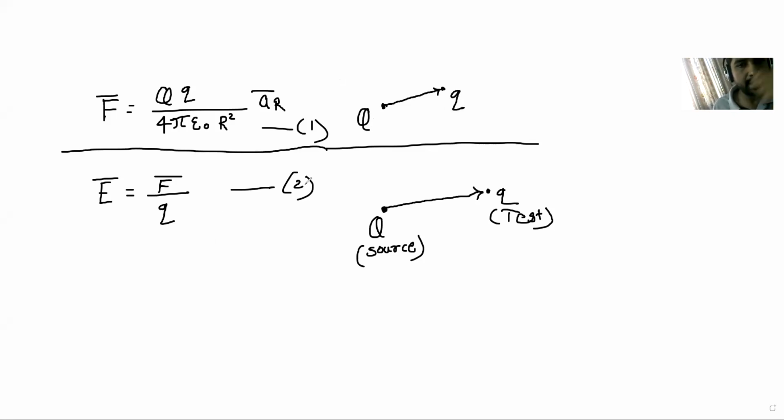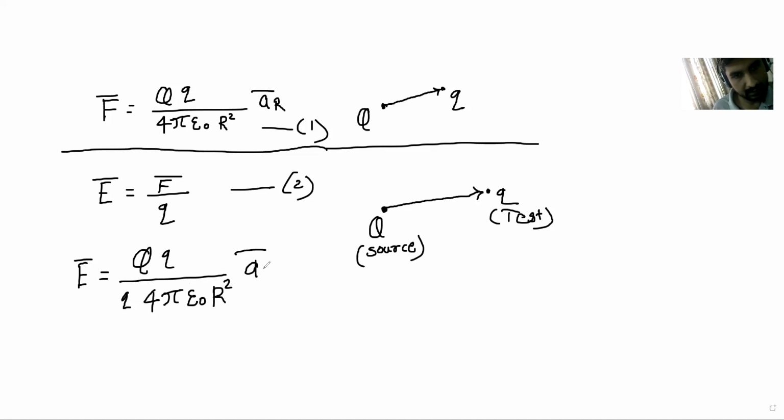If I put the value of F bar from equation 1 into equation 2, electric field intensity E bar is equal to capital Q small q divided by 4 pi epsilon naught R square A bar R. Now this small q gets cancelled.